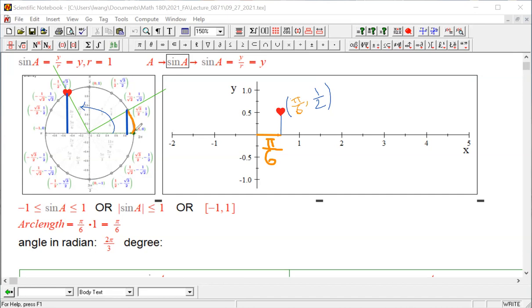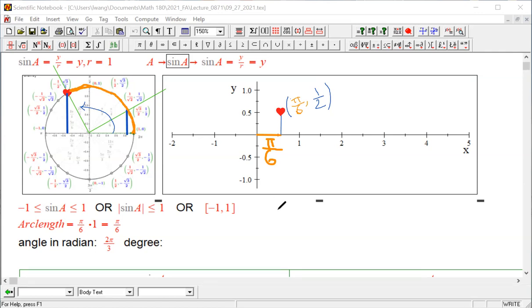The arc length is going to be measured from the same place, from here. How long is it?